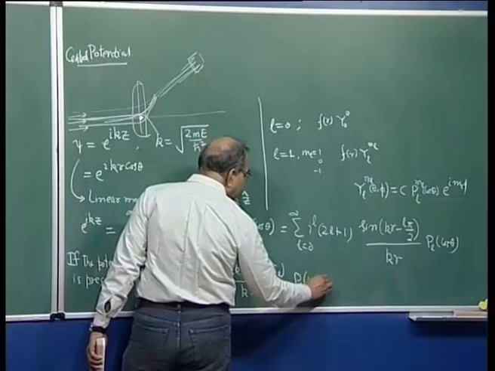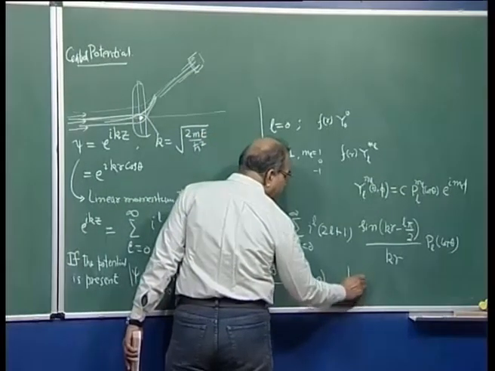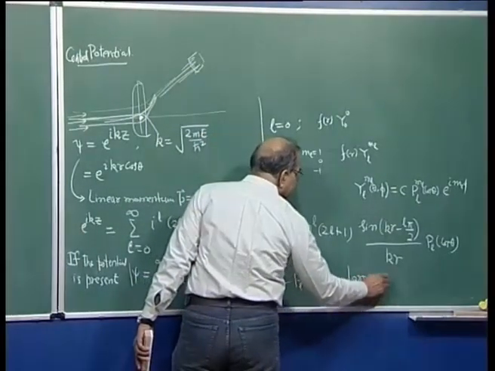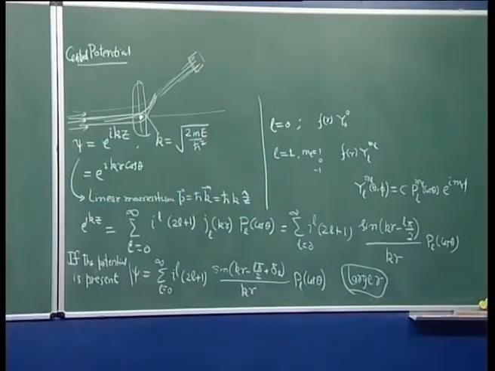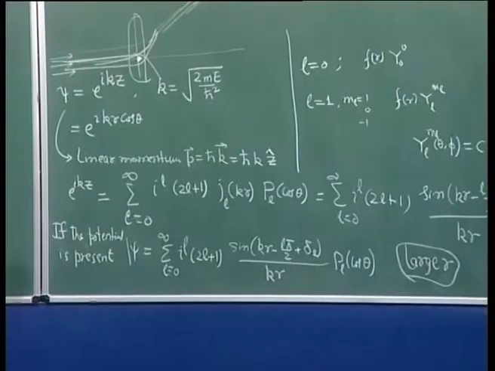Remember, these things I am writing for large r. These delta_L are called phase shifts.